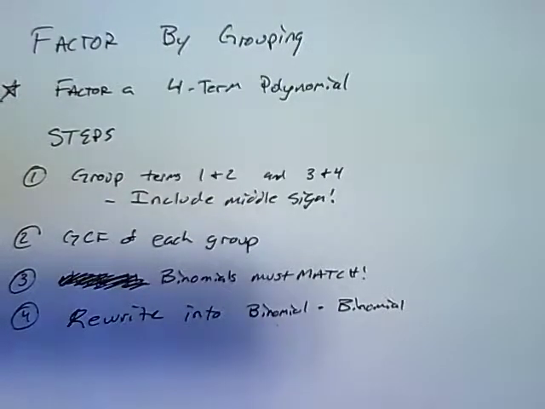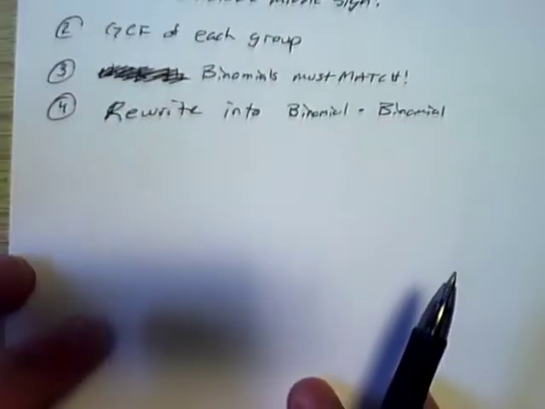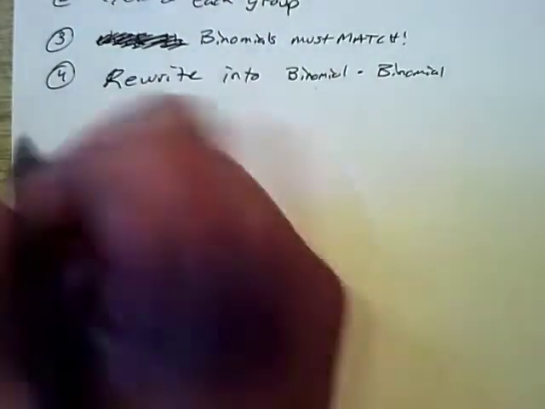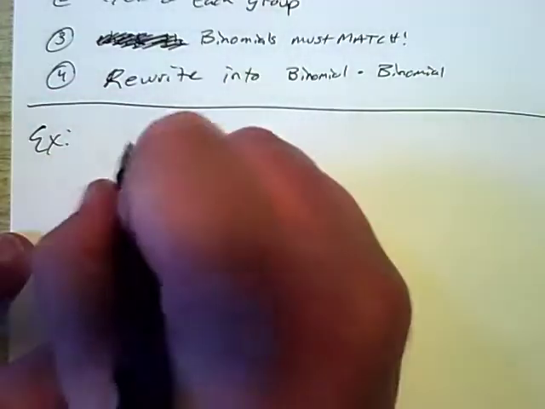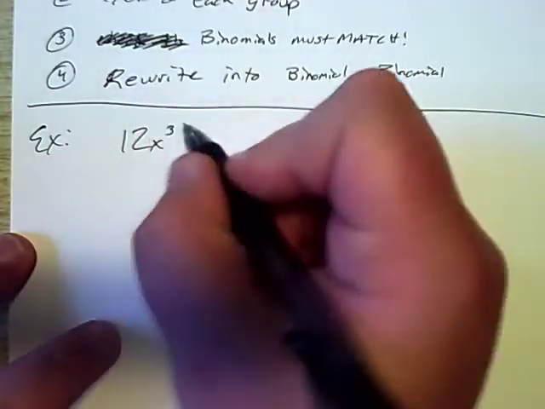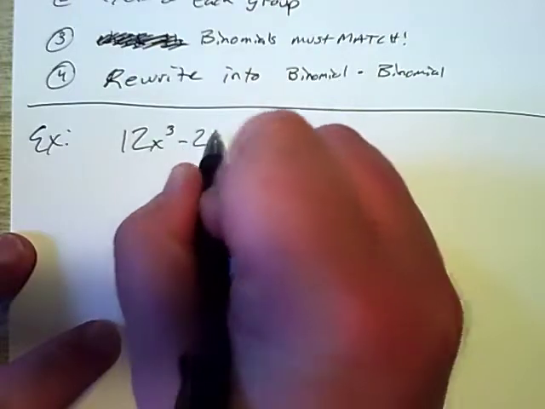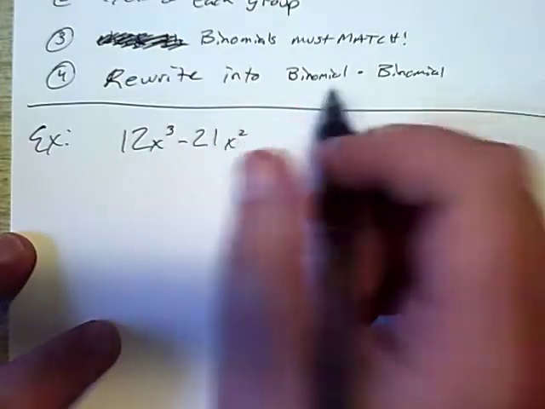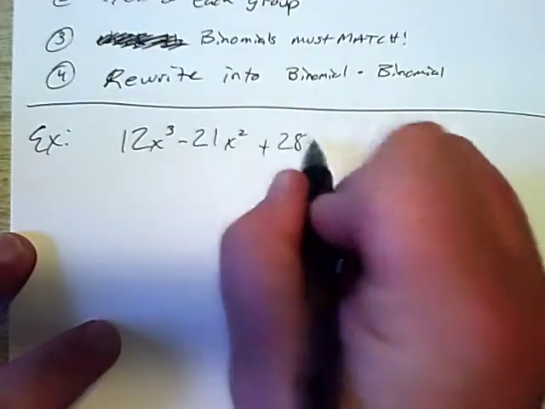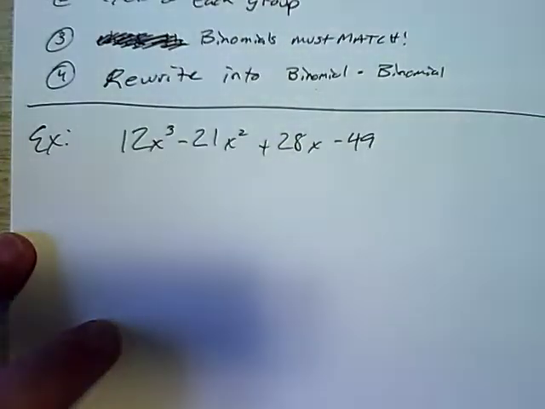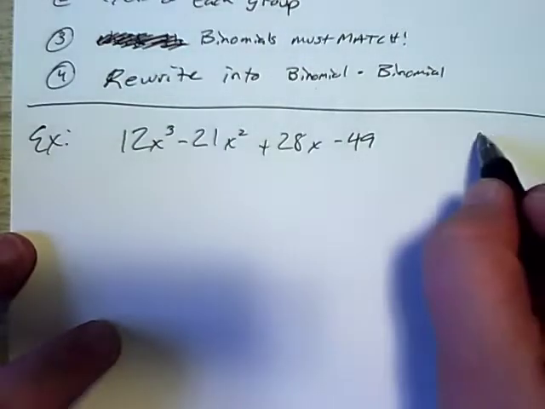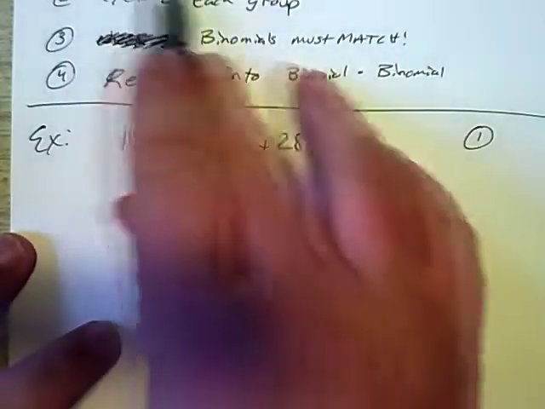All right, so let's do an example to see how this works. Our first example, let's try this one: 12x to the third minus 21x squared plus 28x minus 49. So step one, I have to group the terms.